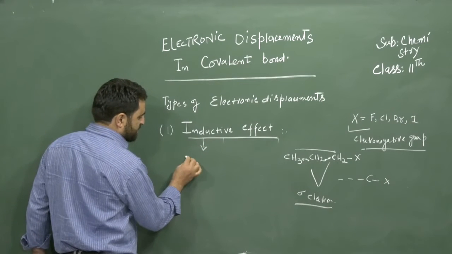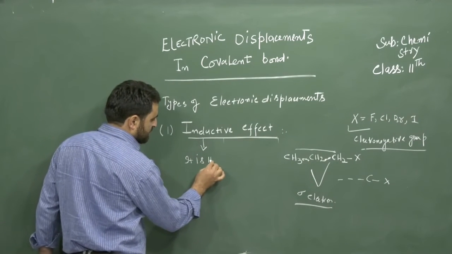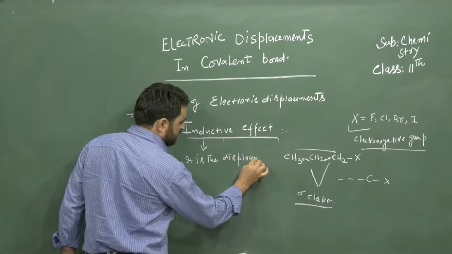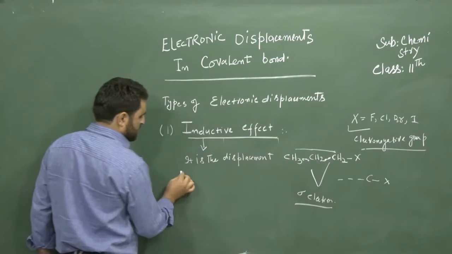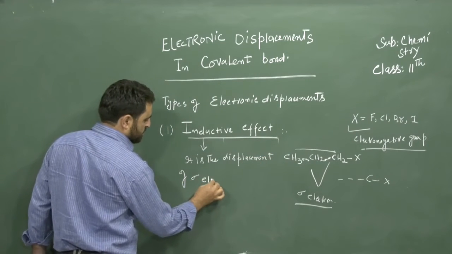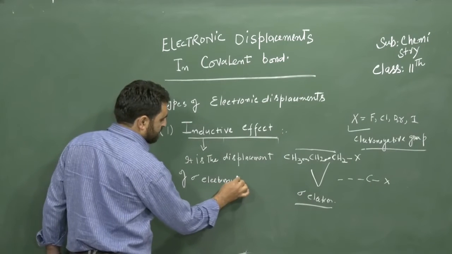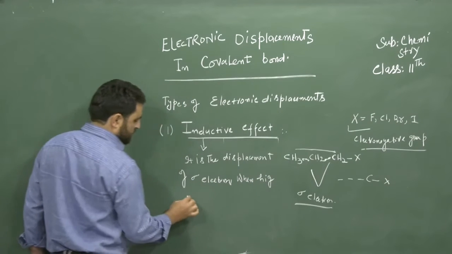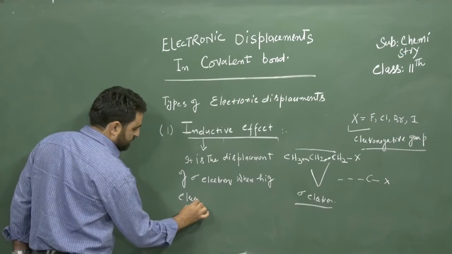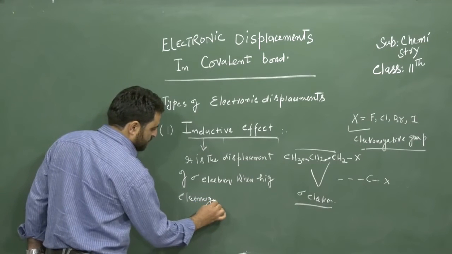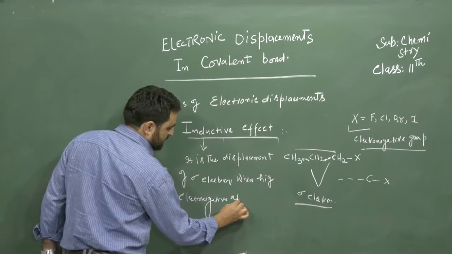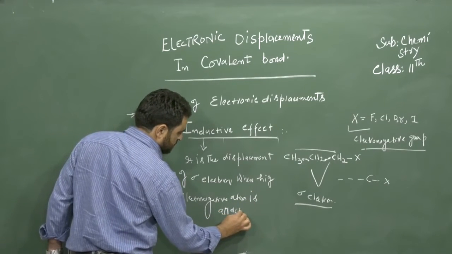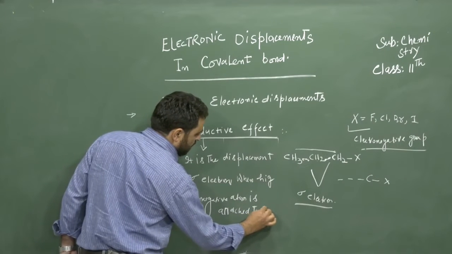It is the displacement of sigma electron when a high electronegative atom is attached to one of the carbon.